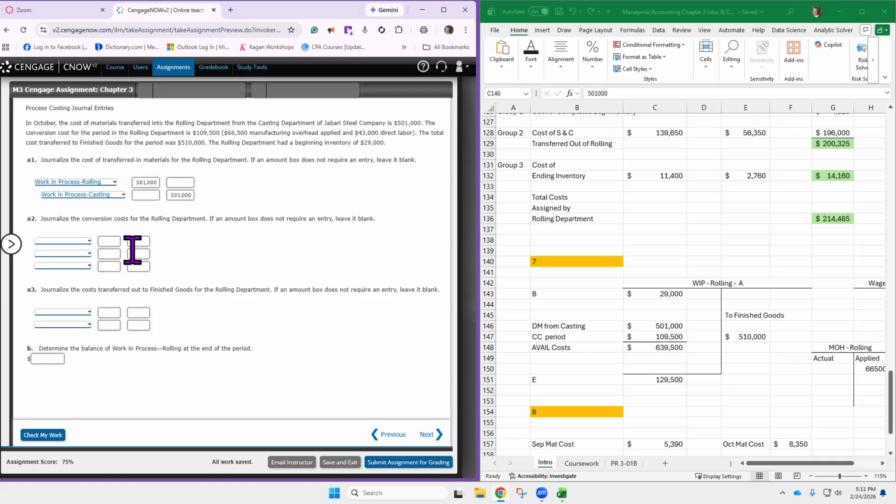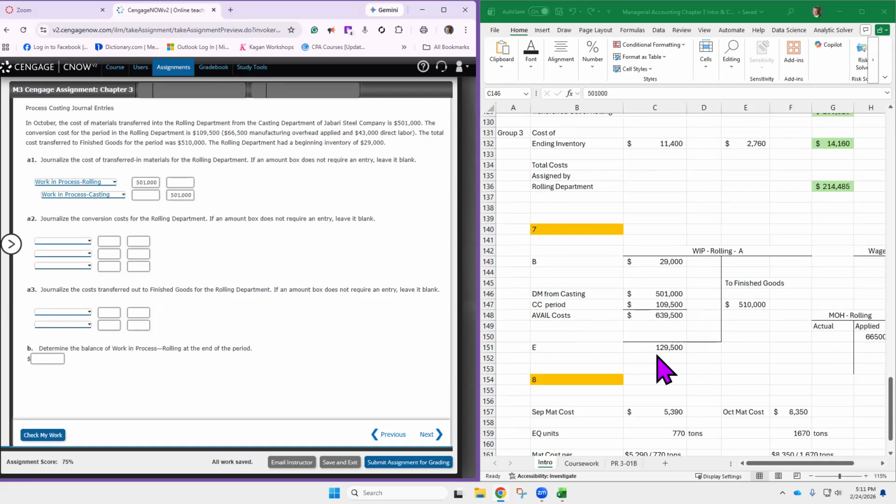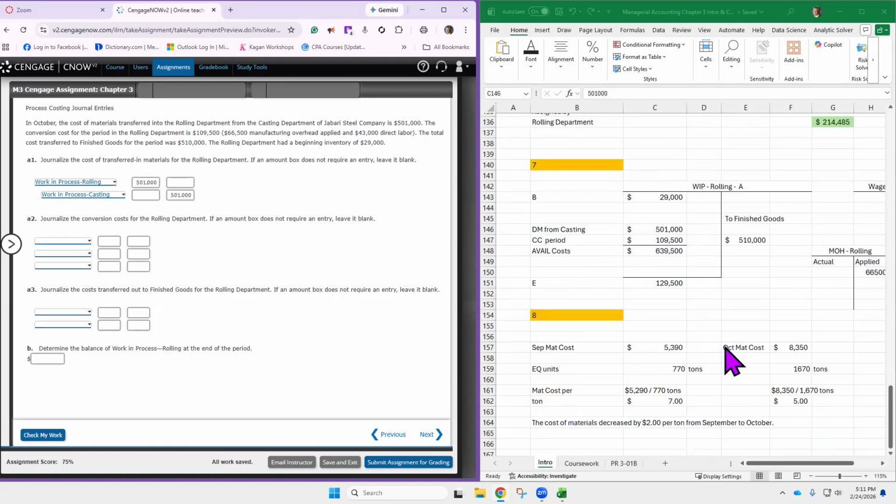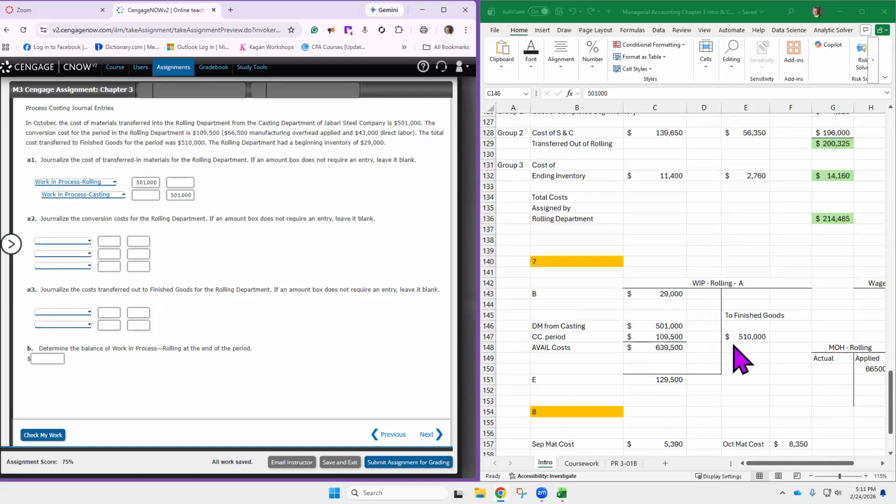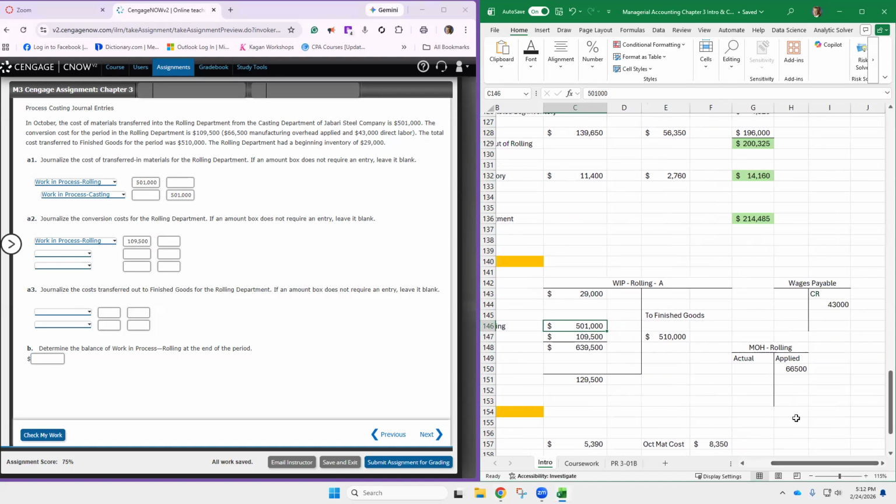Okay, and then journalize the conversion costs. Okay, so then the conversion costs are all going to go in here, right? So we've got a debit to work in process rolling of 109,500, and I think I've got the offset.